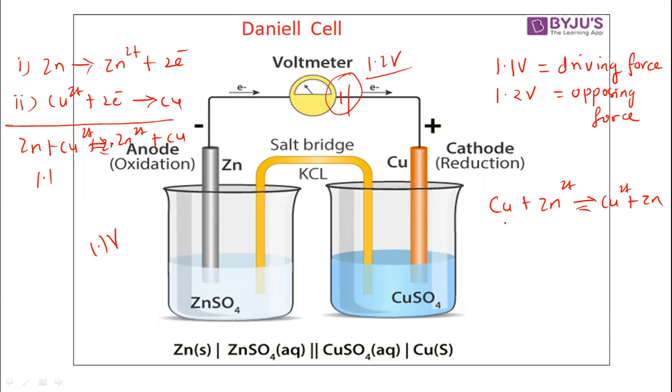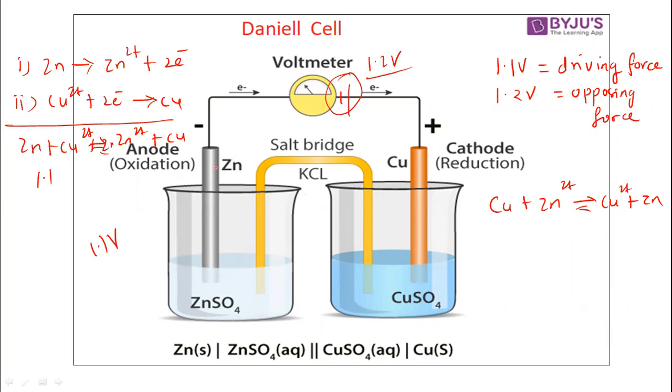So in this case copper gets oxidized and Zn2+ ion gets reduced. If this condition is satisfied by the cell, then the cell is said to be a reversible cell.